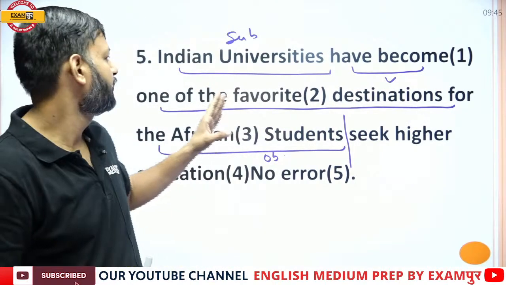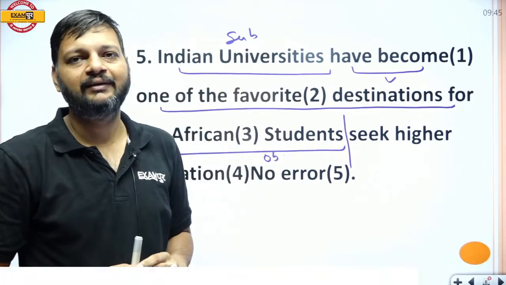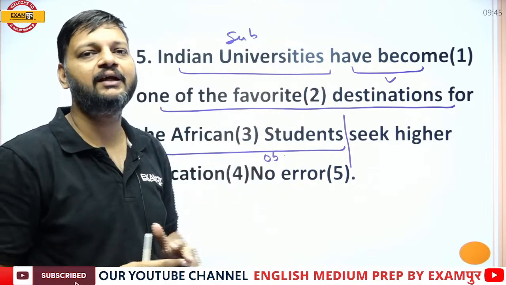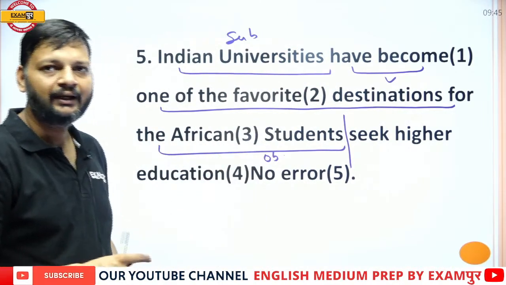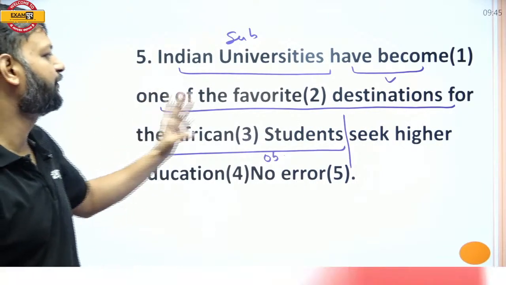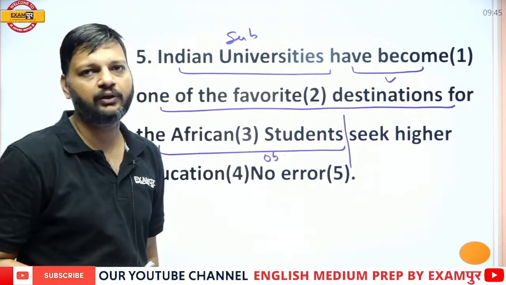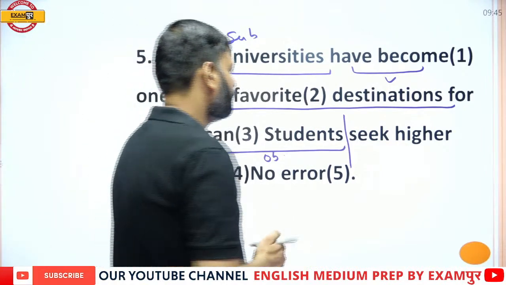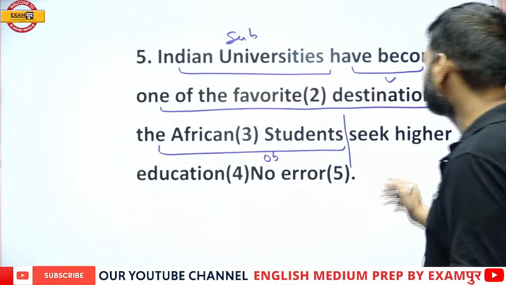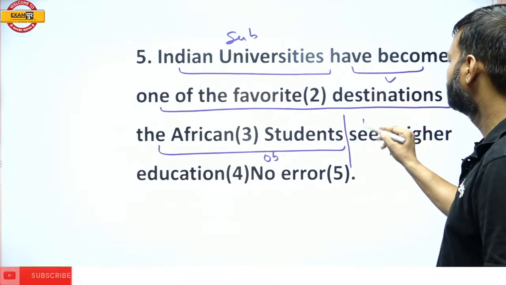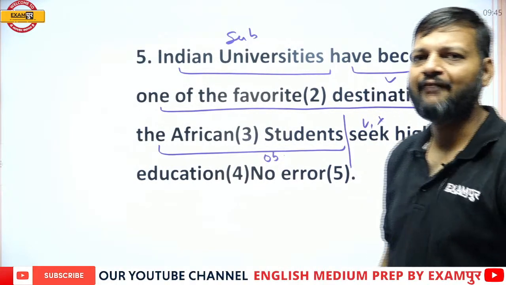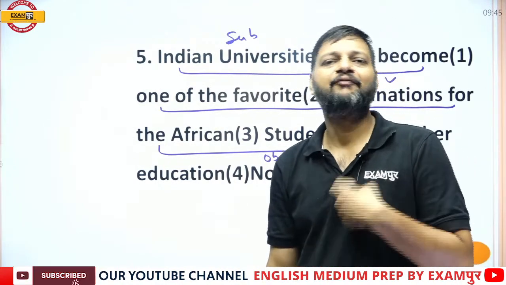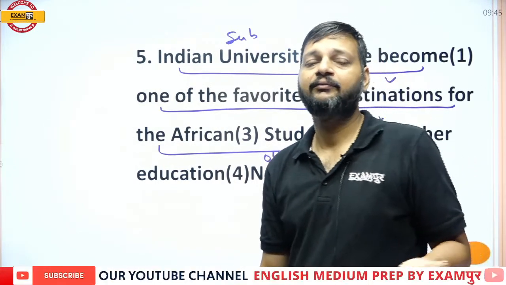We have a subject, Indian universities, then we have helping verb have, then we have a main verb become, and then we have a complete object, one of the favorite destinations for African students. Now as I told you, after object first form of verb cannot be used, because after object we need a connector and first form of verb cannot be a connector.